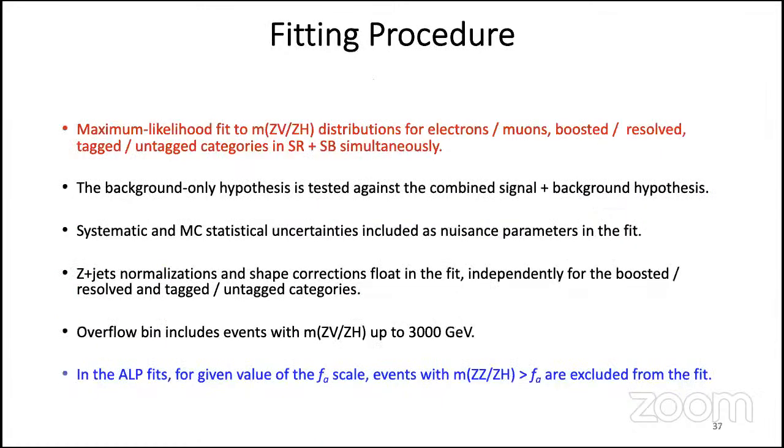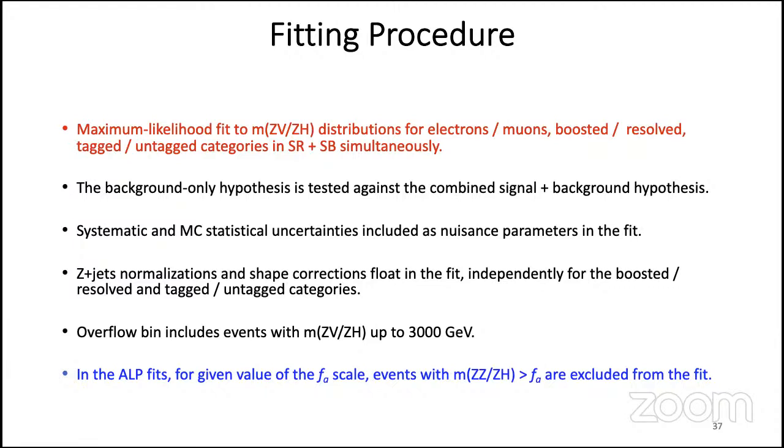And to summarize, we perform a maximum likelihood fit to the invariant mass distributions, considering 8 categories: electrons, muons, boosted, resolved, tagged, and untagged categories in a signal region and sideband simultaneously. The background-only hypothesis is tested against the combined signal and background hypothesis.